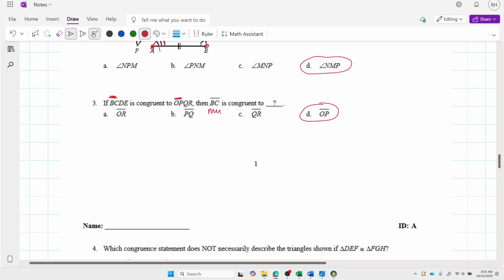Any questions on those first 3 problems? Use the order of the vertices.